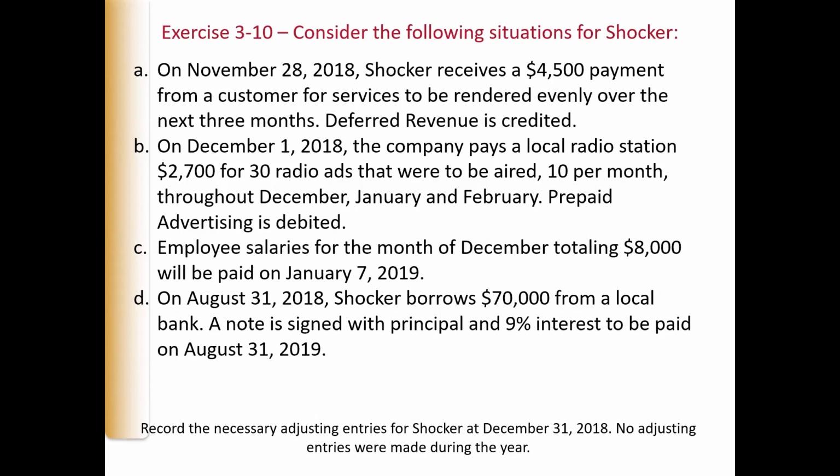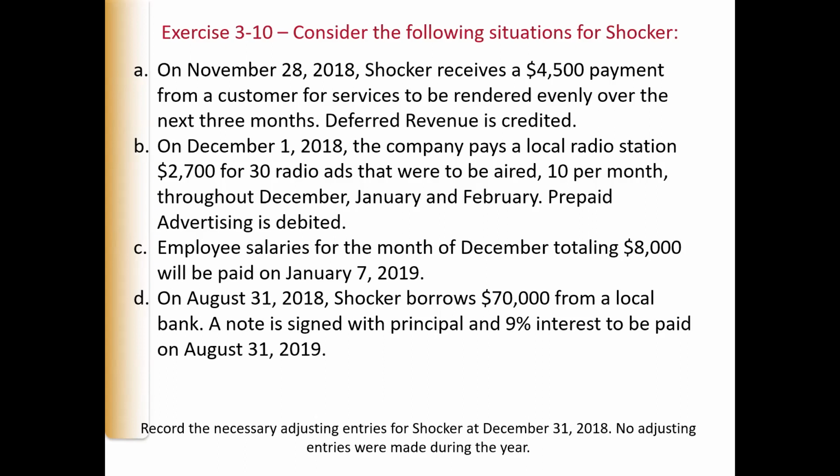Yes. So does that mean they gave us $4,500 in cash and we're supposed to provide probably $1,500 of services every month, right? For 3 months, $1,500, $1,500, and $1,500. Right. Does that make sense?